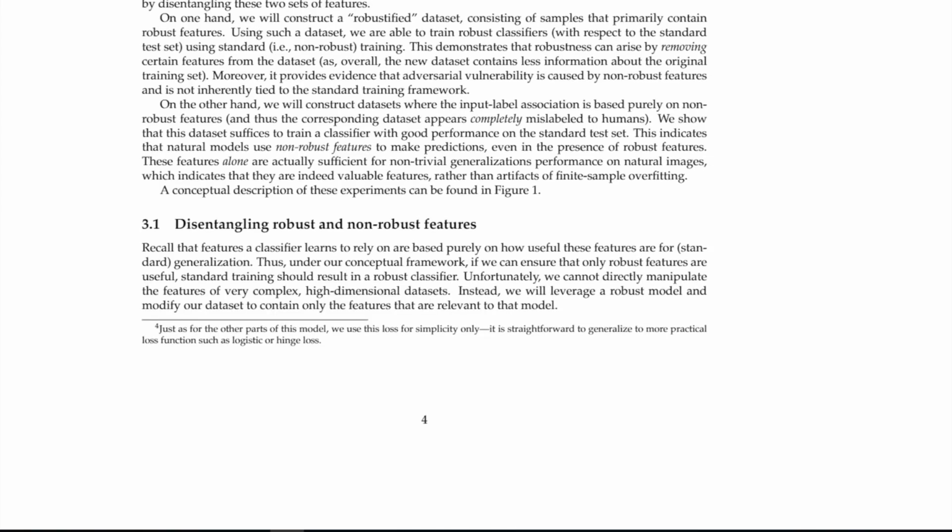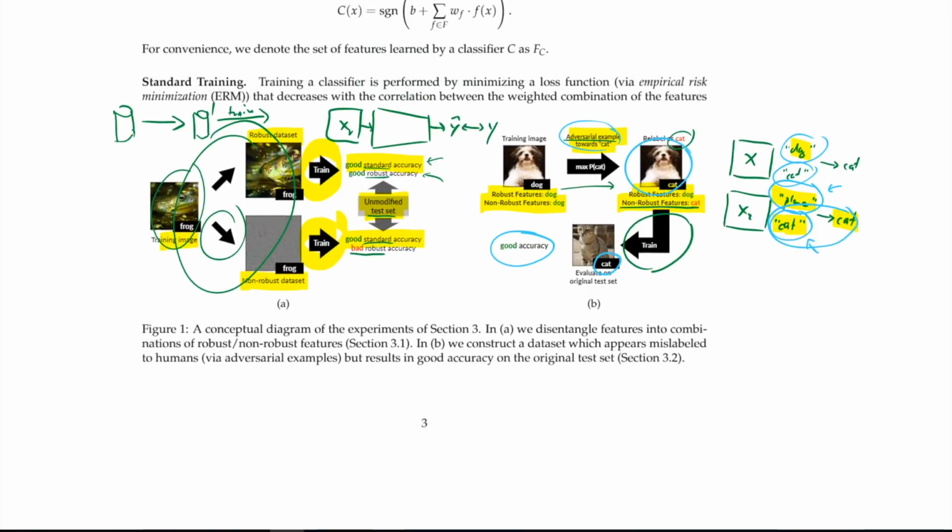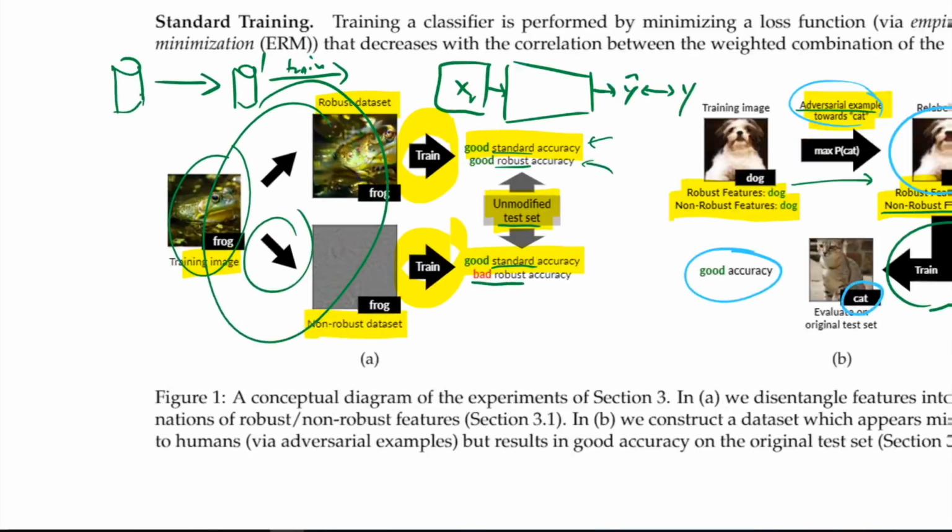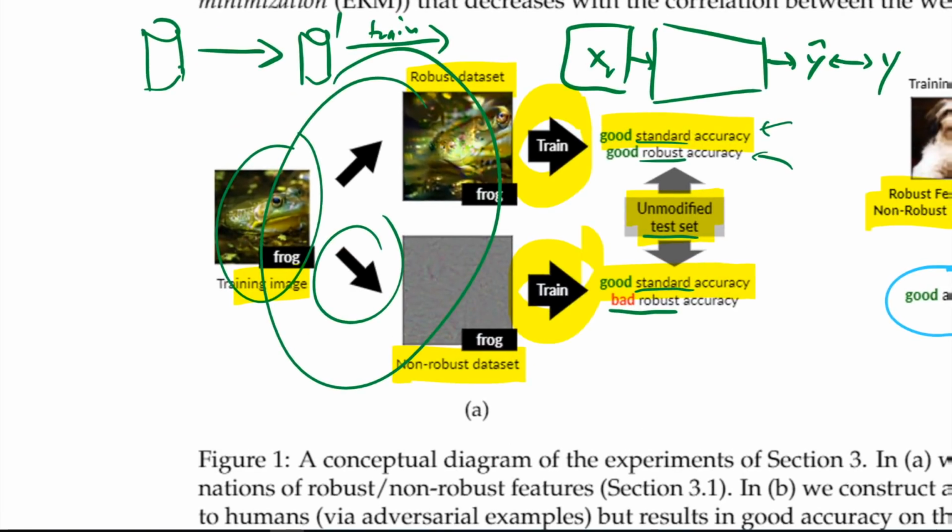They say, aha, here we have a data set, and we robustify it into a robust data set. We train a standard neural network, and that gives us good robust accuracy, which is really cool because we don't do anything special during training and we still get good robust accuracy.